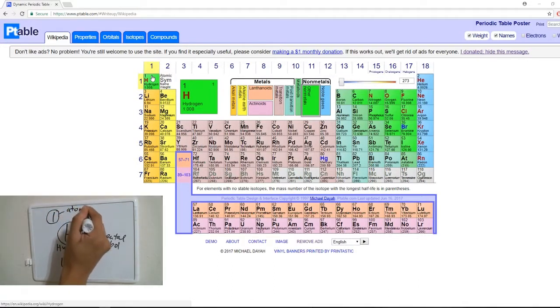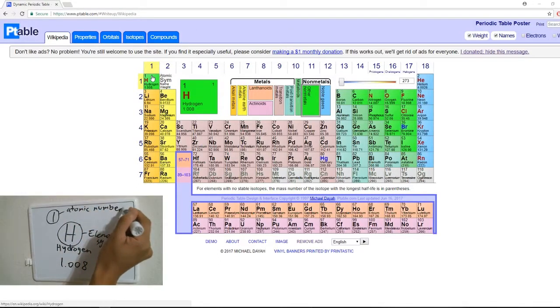And if you don't know what the atomic number is, it basically just tells us the number of protons that an atom, or an element, has. And down here is the atomic mass, or the mass number. And this number tells us the mass of the atom of an element.